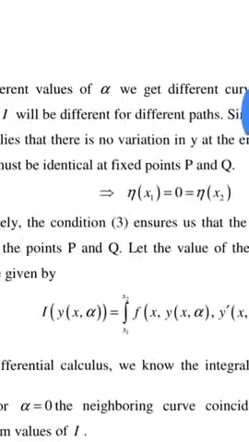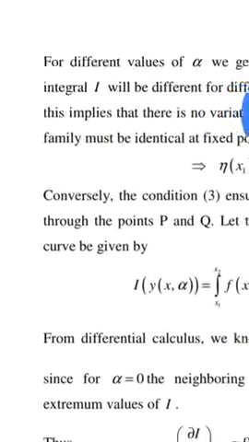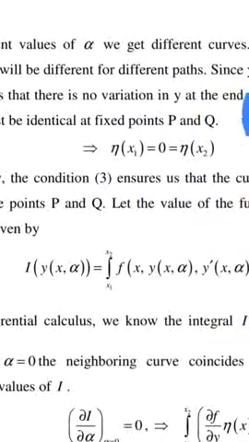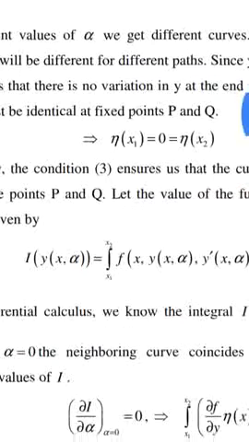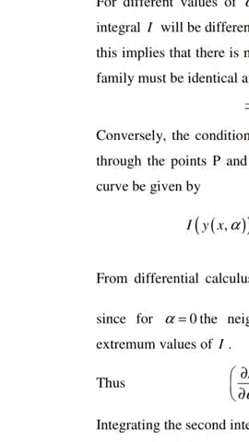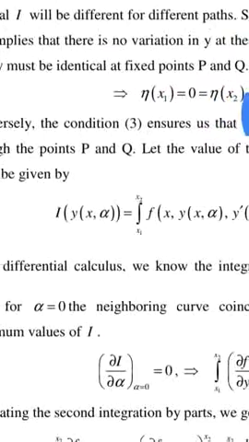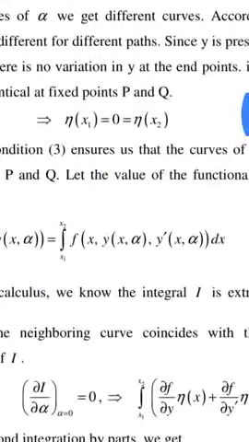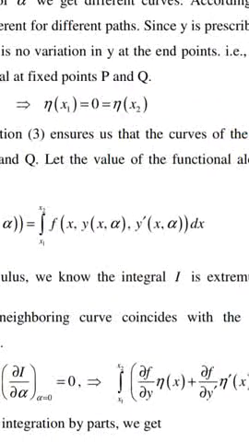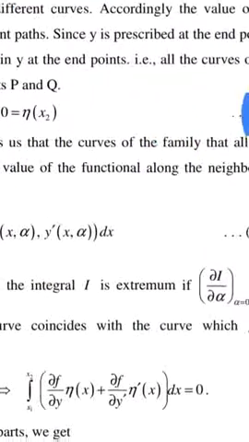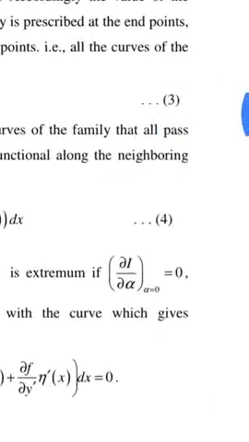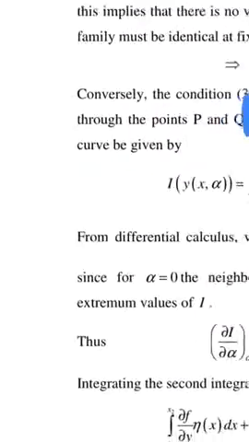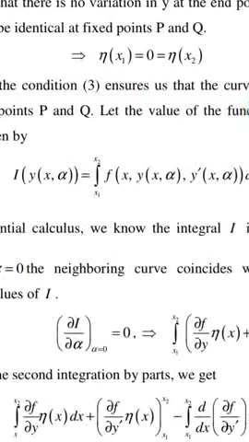All the curves of the family must be identical at the fixed points P and Q. That is, eta of x1 is equal to eta of x2 is equal to 0. Conversely, the condition eta of x1 is equal to eta of x2 is equal to 0 ensures that the curves of the family all pass through the points P and Q.